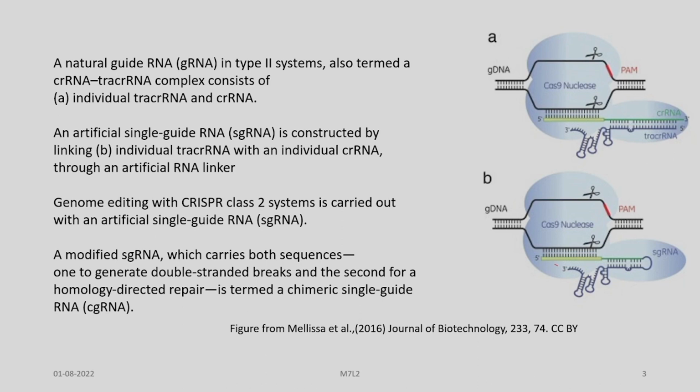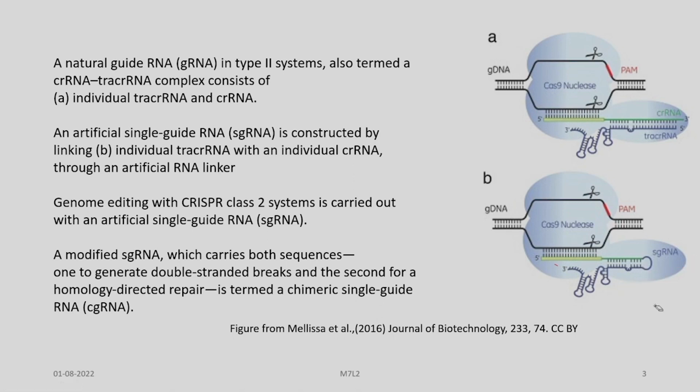So, this is an artificial single guide RNA, which is constructed by linking an individual crRNA with a tracrRNA through an artificial RNA linker. Genome editing with the CRISPR class 2 system is carried out with artificial single guide RNA systems.